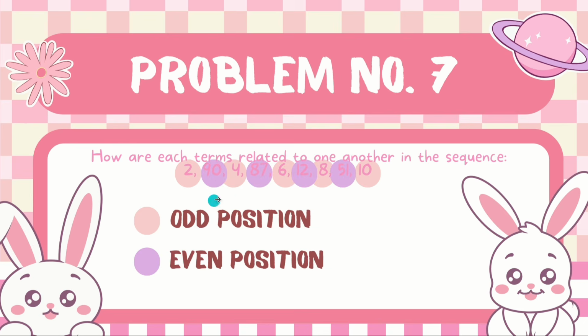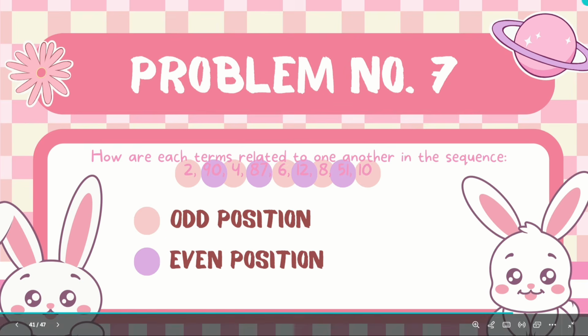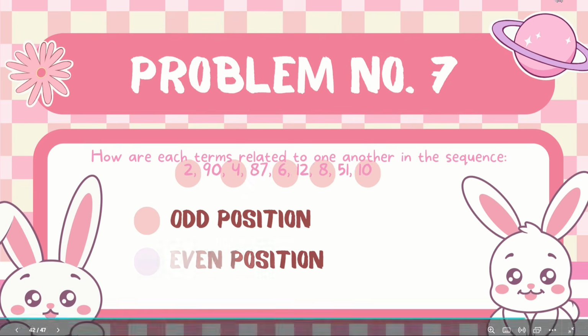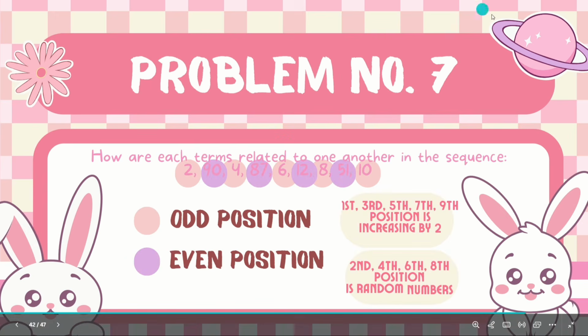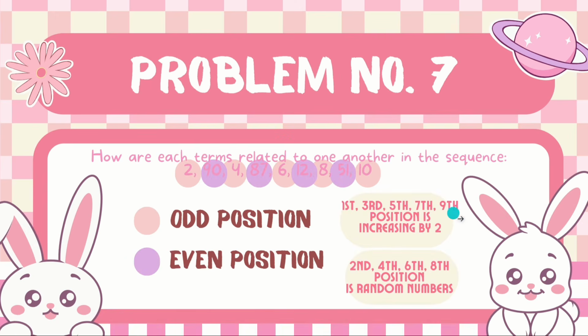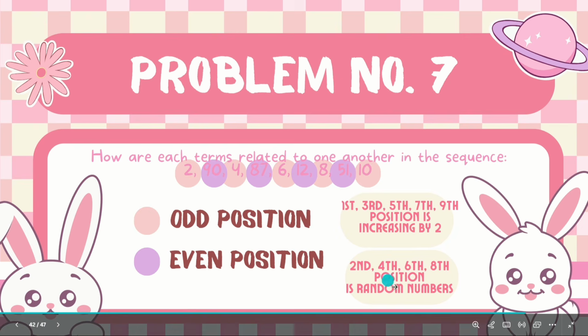While the even positions, which are the 2nd, 4th, 6th, and 8th, are random numbers. As you can see here, the first, third, fifth, seventh, and ninth positions are increasing by 2, while the second, fourth, sixth, and eighth positions are random numbers.